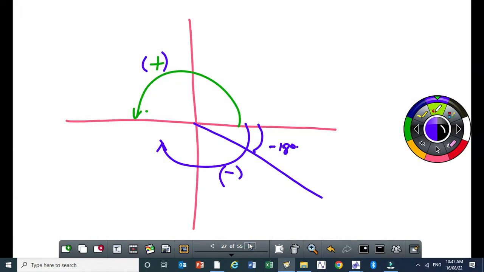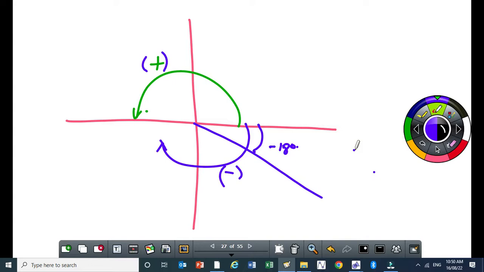Listen, when you come to the math lesson, this is not very complicated. I'm saying, when you measure angles in trigonometry, we measure angles from the x-axis in an anti-clockwise direction if they are positive.